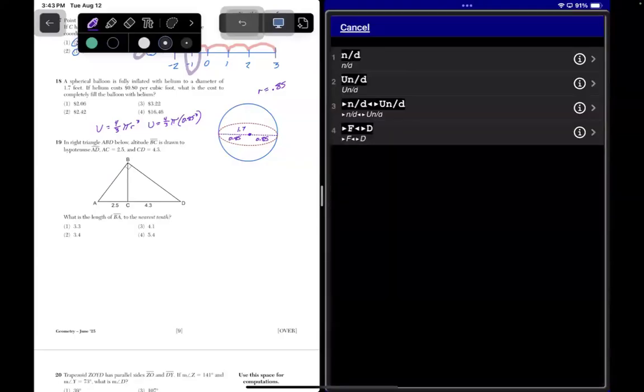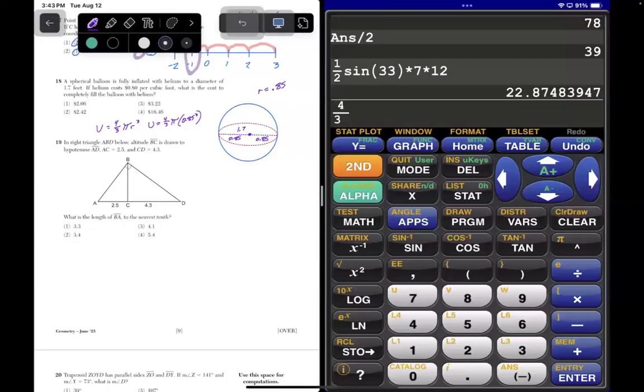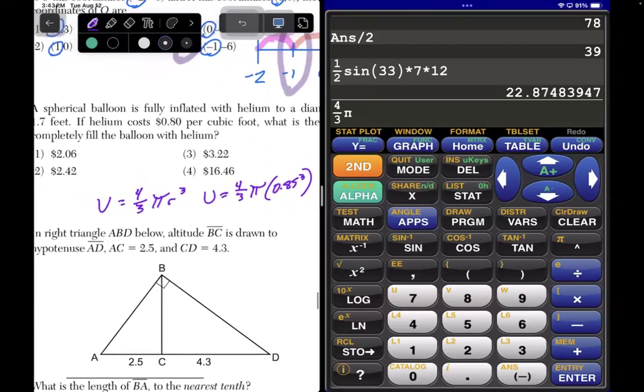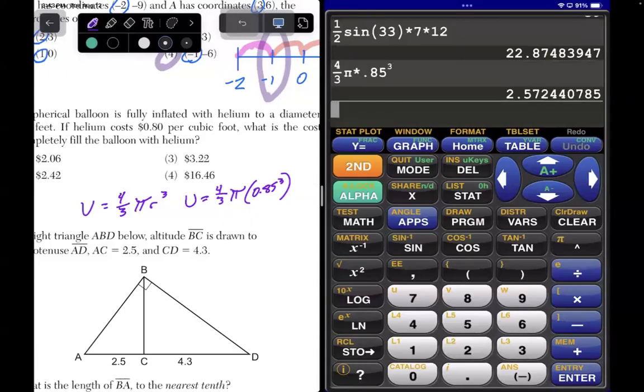4/3 times pi times 0.85 to the third power.